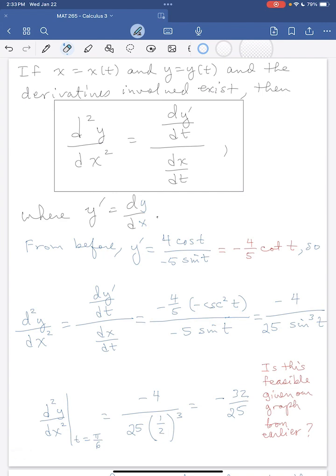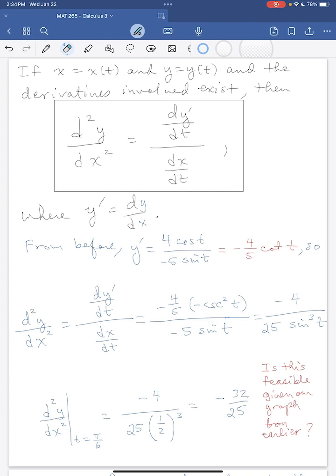And since we're about to take the derivative of this with respect to t, I did a little trig there because, of course, cosine t divided by sine t is cotangent t. So that's that. And then dy prime dt would be this negative 4/5 times the derivative of cotangent t, which is negative cosecant squared t.